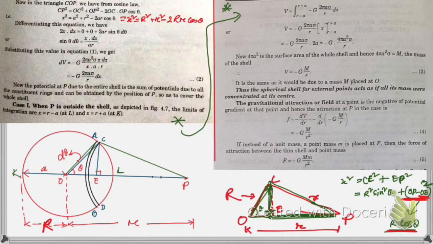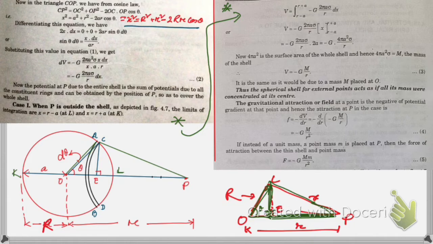So that's going to be our result. If you simplify, you don't have to show these things, just note as it is given in the book, right? So now you see, now if you differentiate this above equation, then you will get this result. Let me write this one in terms of capital R. So that's going to be twice x dx is equal to 2 capital R small r sin theta d theta, right?